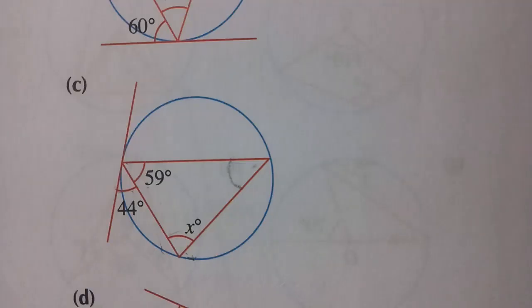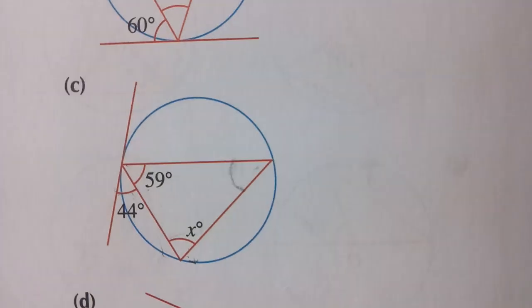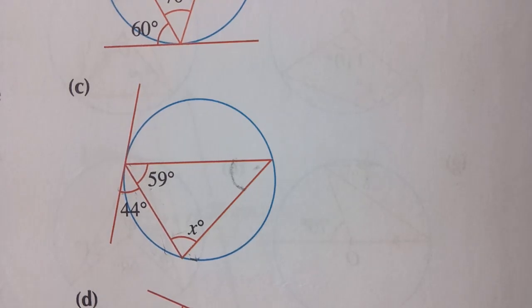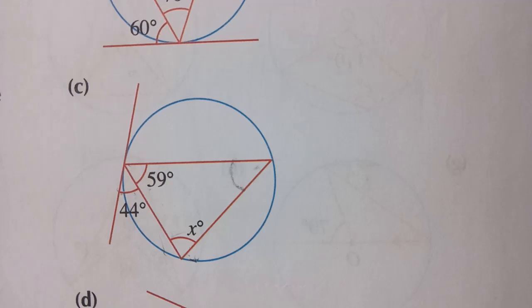For better understanding, I have selected part C of question 9 from exercise 13C. Here we have to find the angle X. To find this angle X, first we use the fifth property.